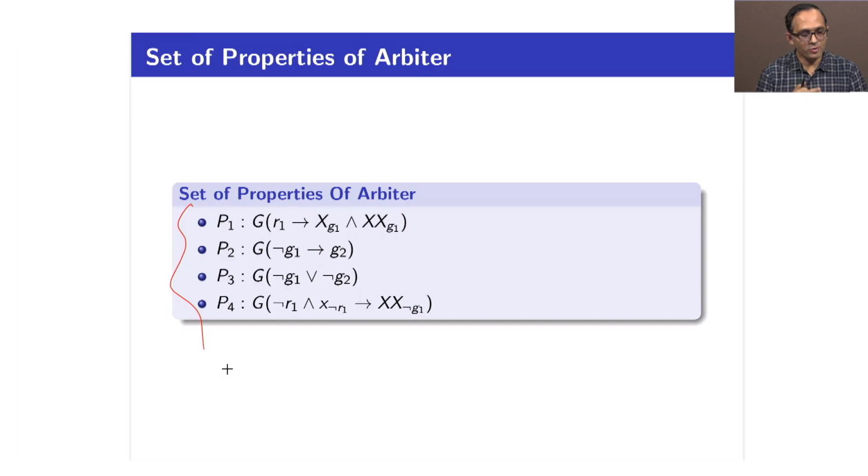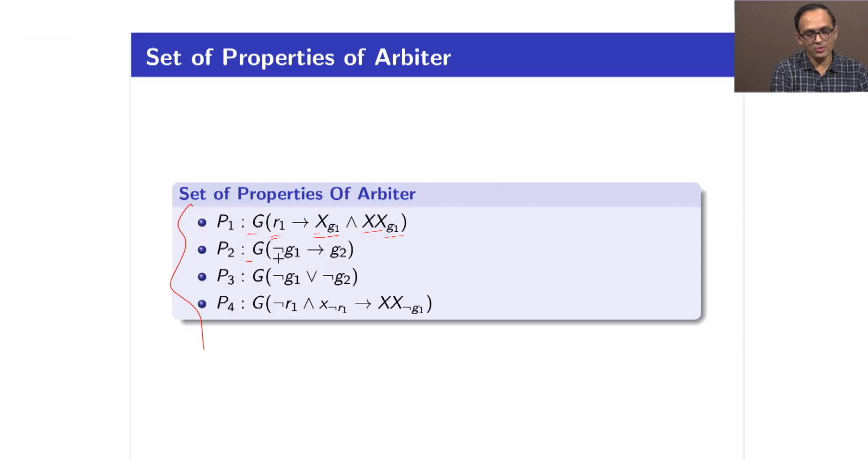Just to recap, what are the properties? The first property says that globally, if R1 is true, then X, next clock, G1 should be true, and XX, next to next clock, G1 is true. It models that whenever R1 comes, G1 should be true for the next 2 cycles, and this holds globally.